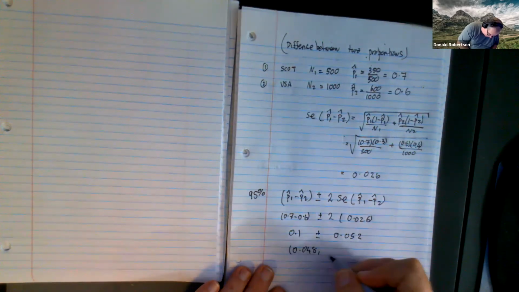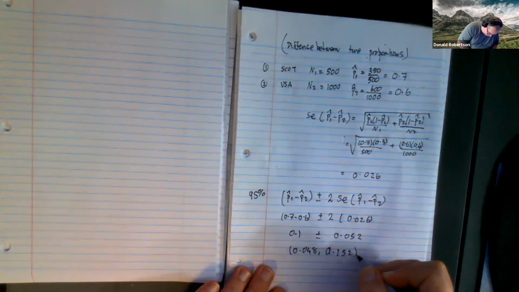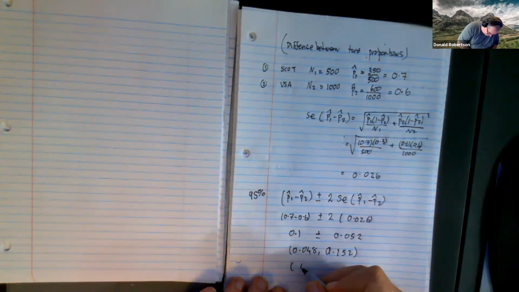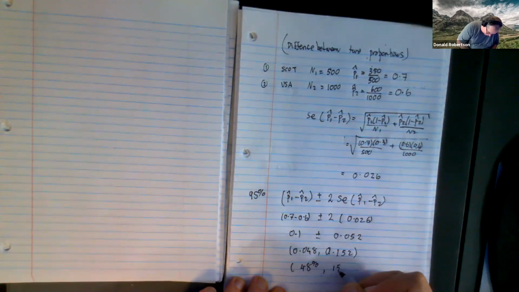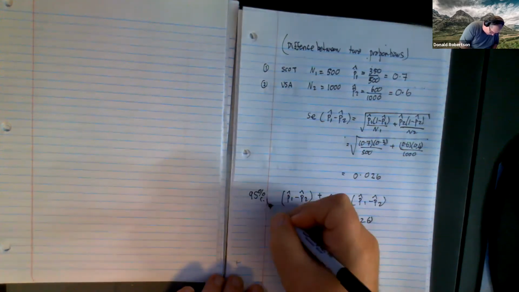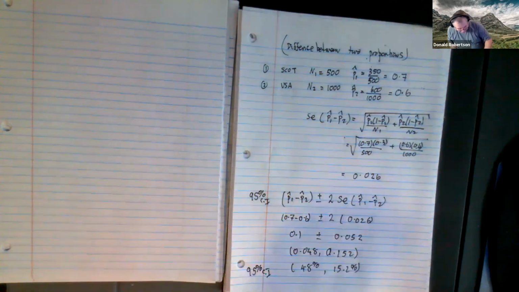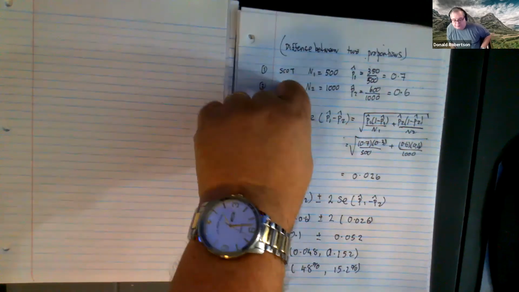And if you add it, you get 0.152, which is 4.8% to 15.2%. So we have now calculated a 95% confidence interval for the difference between these two groups.